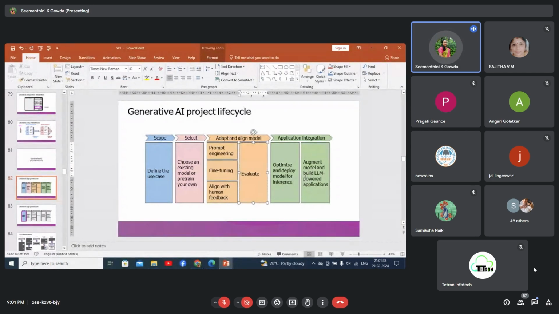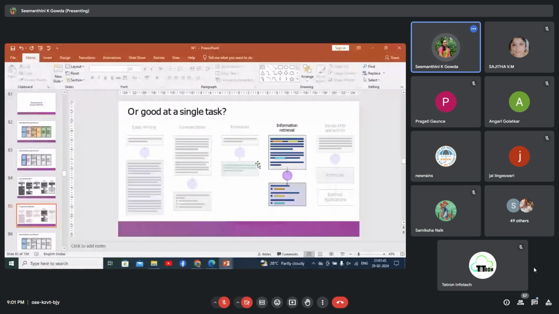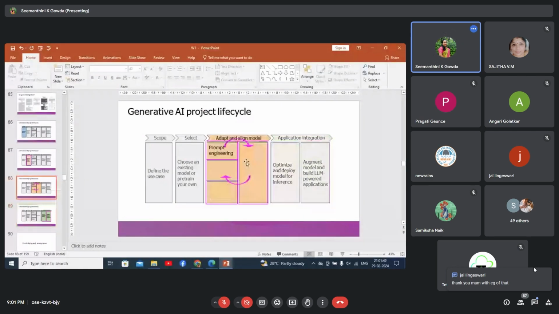This is an example of the generative AI project life cycle. It can be for essay writing, summarization, translation, or various other applications of generative AI.